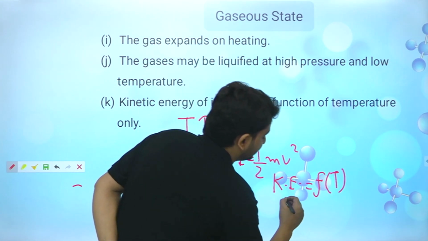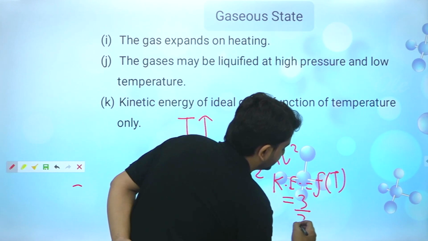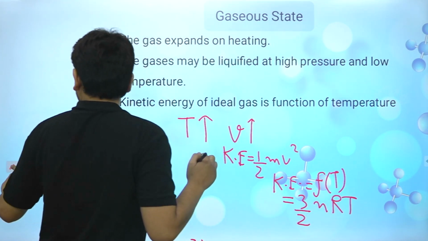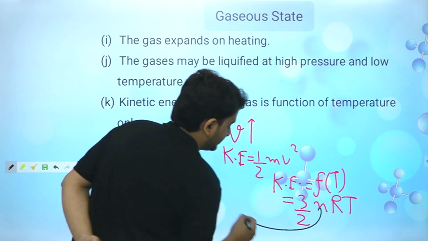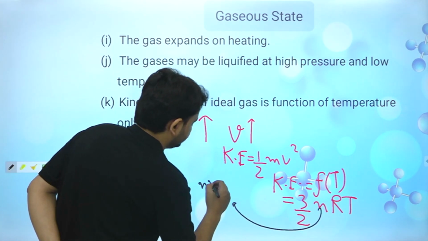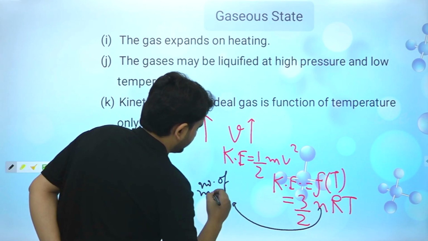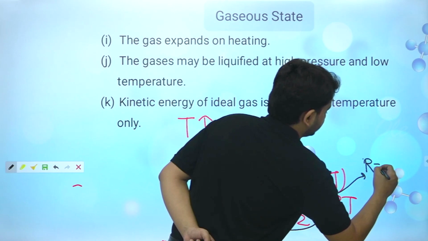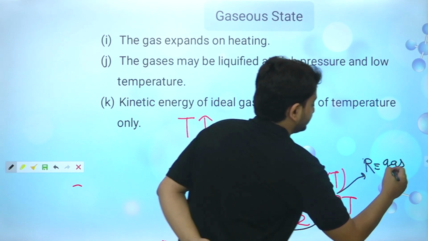and in fact it comes out to be 3/2 nRT, where n is the number of moles, R is the gas constant, and T is the temperature in Kelvin.